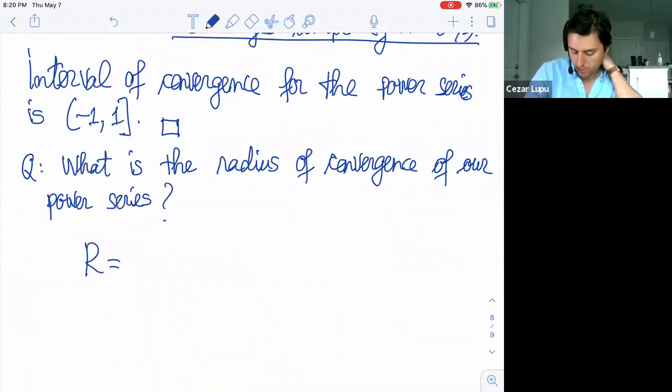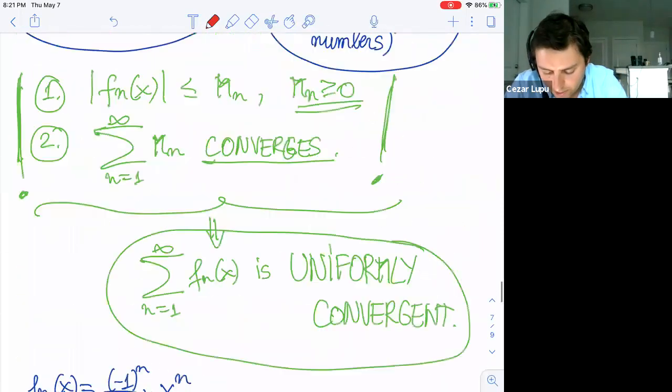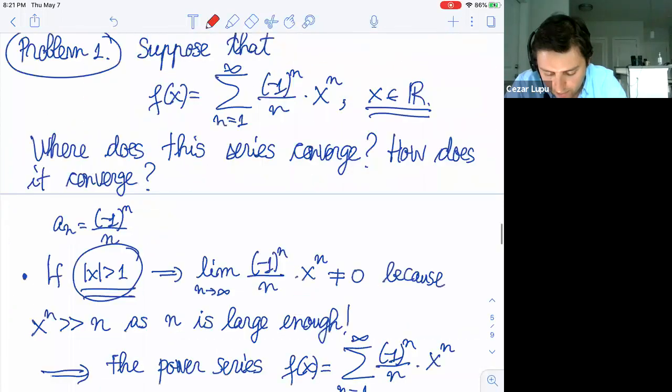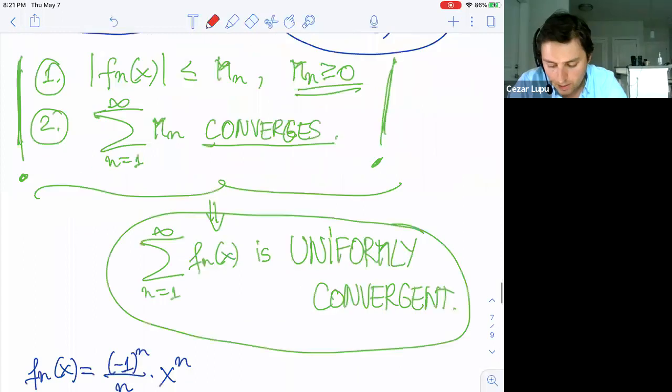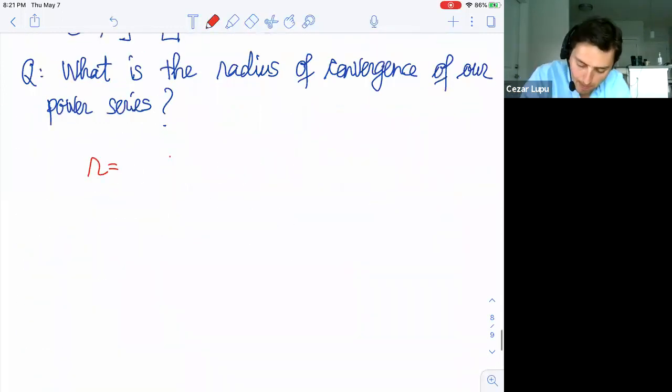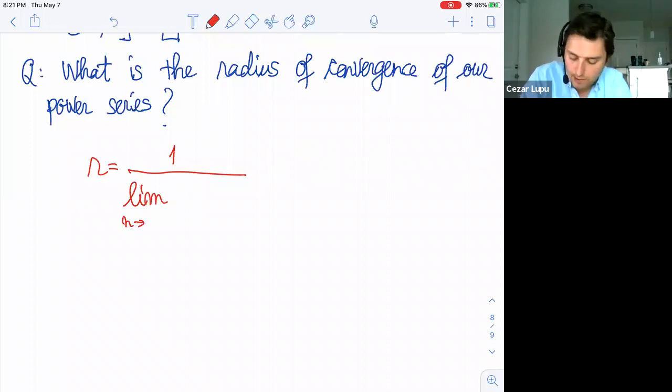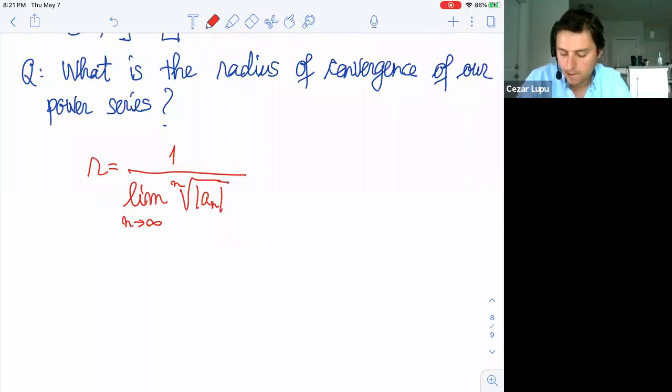So let me go back. The radius R was, like I said, it's lim sup, but it's okay, we can leave the lim here. So the formula is 1 over the limit, as n approaches infinity, of the n-th root of the absolute value of a_n.